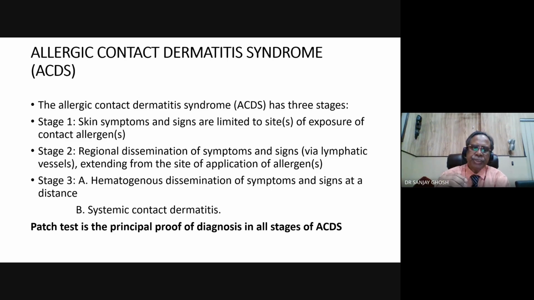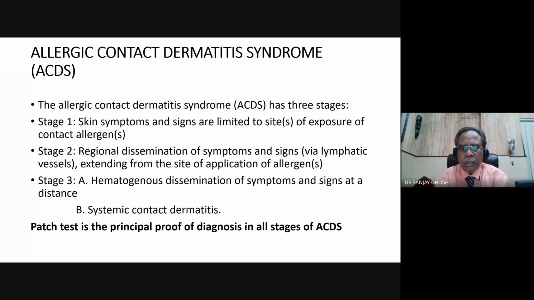That is stage 2, the regional dissemination of symptoms and signs, by lymphatic spread. From the exposed area, it can spread to the local area by lymphatic spread from the site of application. So you can understand this is very commonly misdiagnosed. Another is stage 3A, the hematogenous dissemination of symptoms at a distance.